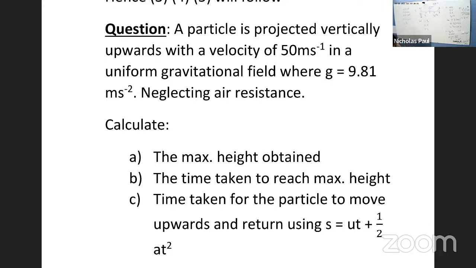No, think about what is happening at maximum height. What happens at maximum height, Olia? Velocity is zero. At maximum height, the velocity is zero. So we can use v squared equal to u squared plus 2as, because the final velocity is zero.